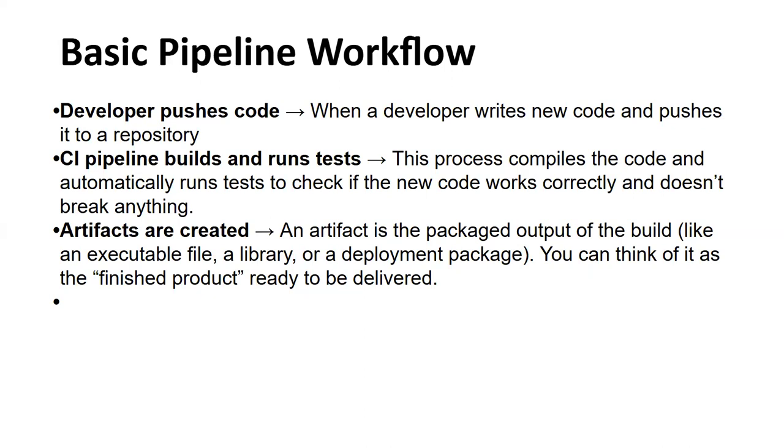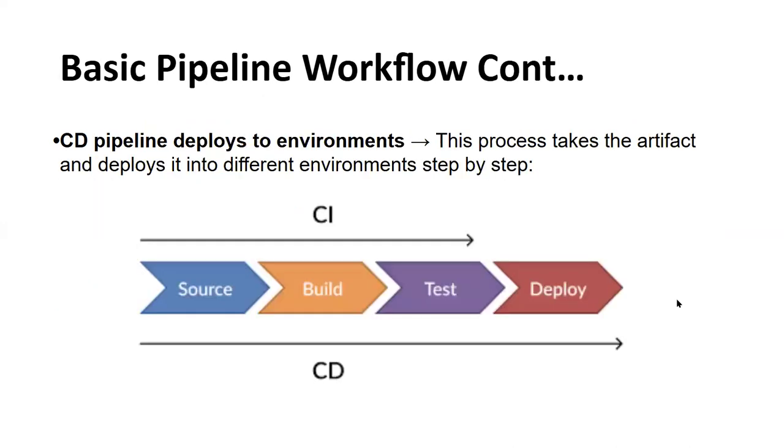That is the output package. That is the finished work. That is production ready to be delivered. And this is the diagram of the pipeline deployed into environments. This process takes the artifact and deploys it into different environments step by step. For example, source code, then build, and then test, and then deployment.